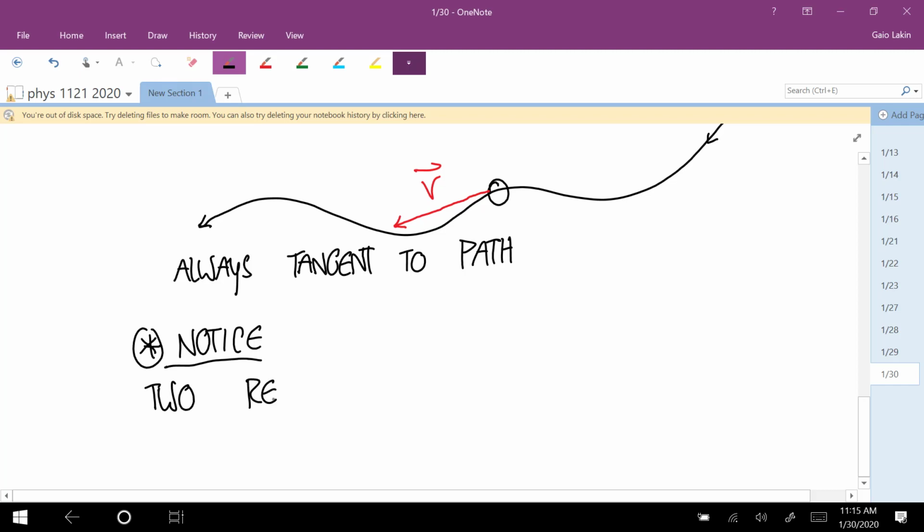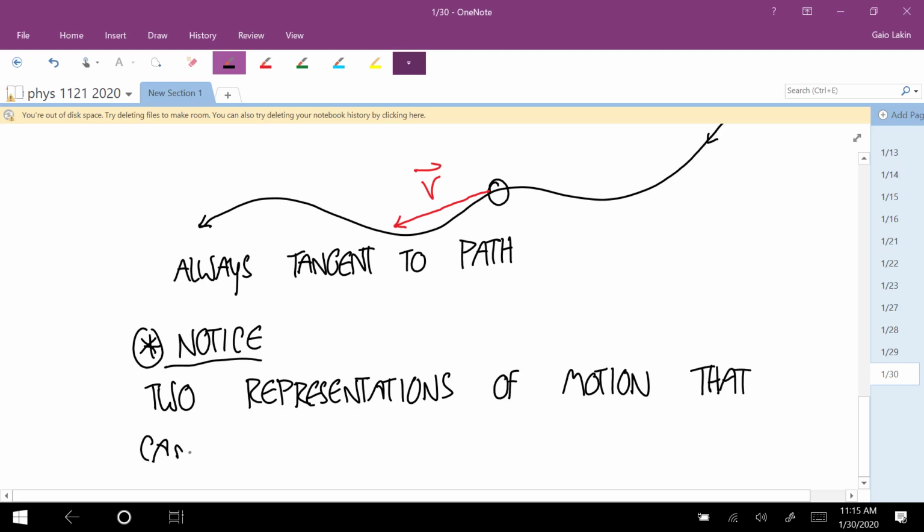So there are two representations of motion that can look the same, but they mean very different things.